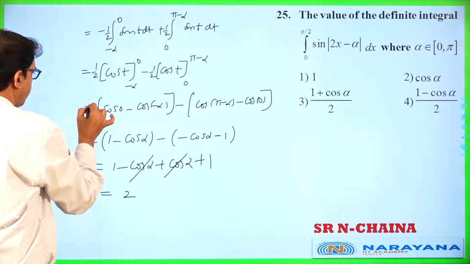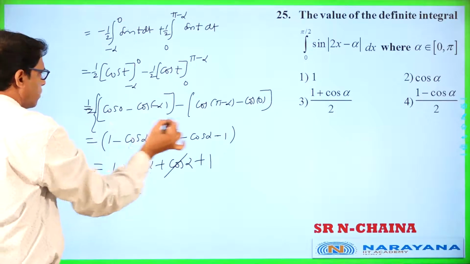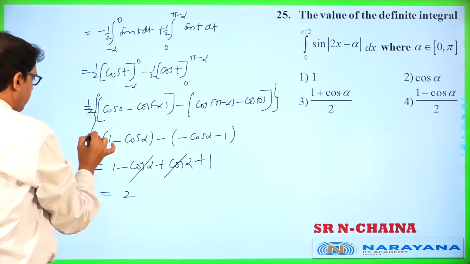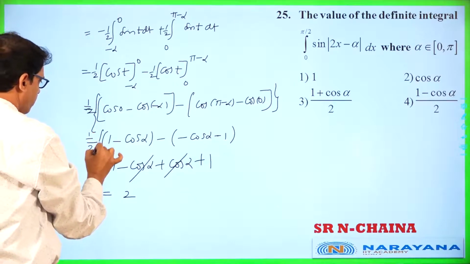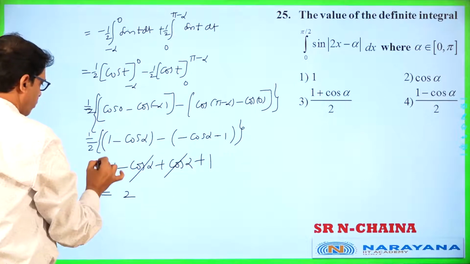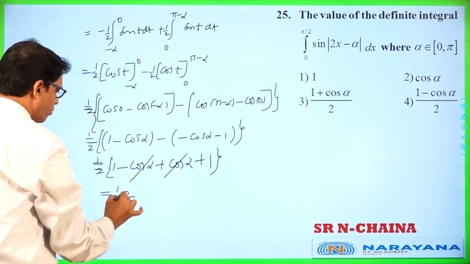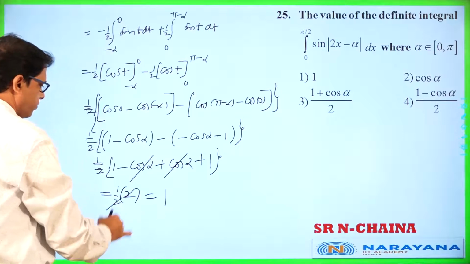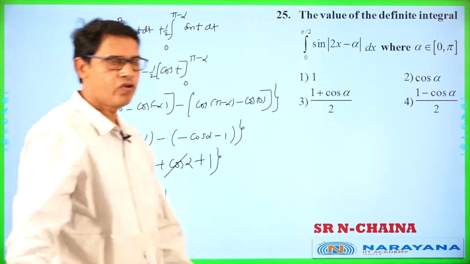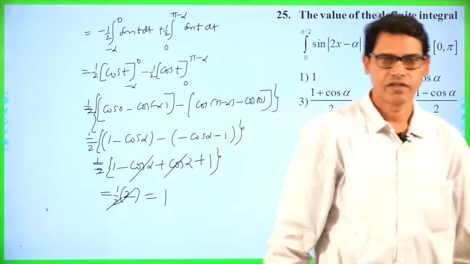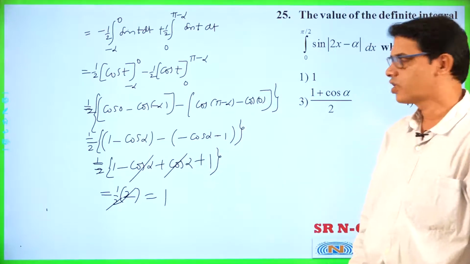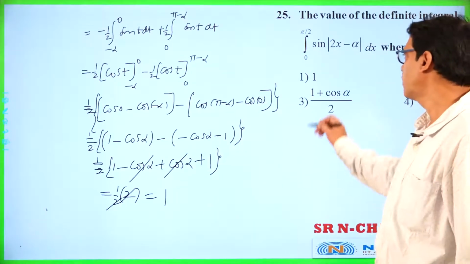So I am writing 1 by 2 outside, so 1 by 2 into 2, that will be 1, right? So be careful with the calculations, simple calculation, but we ignore that one. Okay, answer is 1.